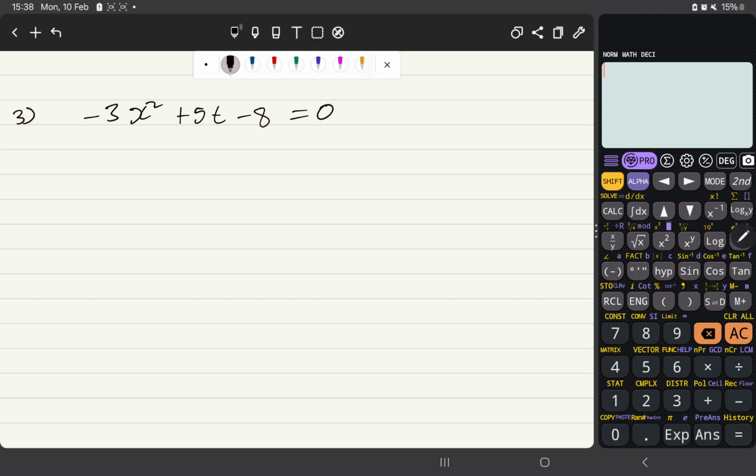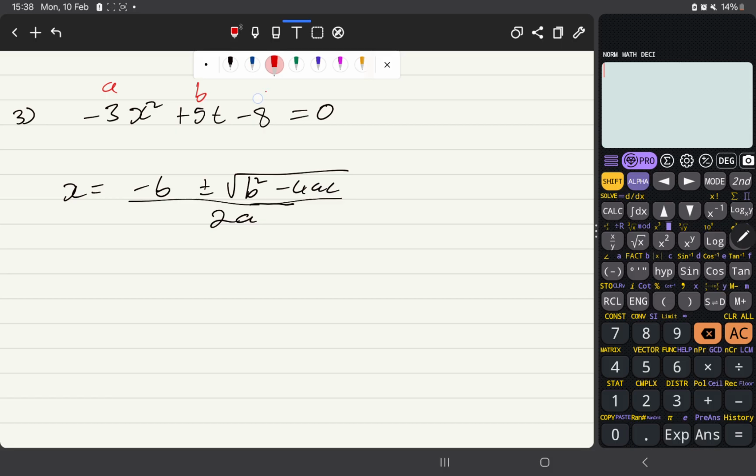So the first thing I remember, the quadratic formula: x equals minus b plus or minus the square root of b squared minus 4ac, over 2a. Oh no, just 2a, right? So this is a, this is b, and this is c, right?